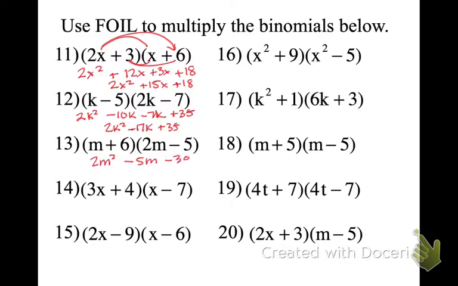Let's jump to some of these. So now when I do first here, I'm doing x squared times x squared. Right? That makes x to the fourth. Notice, we can still FOIL it.